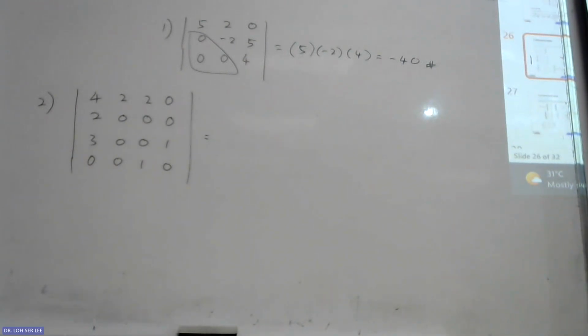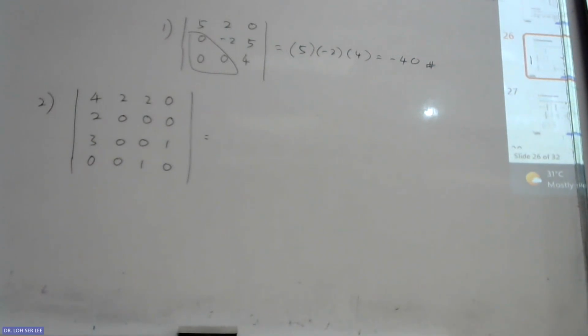Which method would you choose to compute the determinant? Can't use the shortcut. The shortcut is for 2 by 2 and 3 by 3. So you have only theorems and the cofactor expansion.